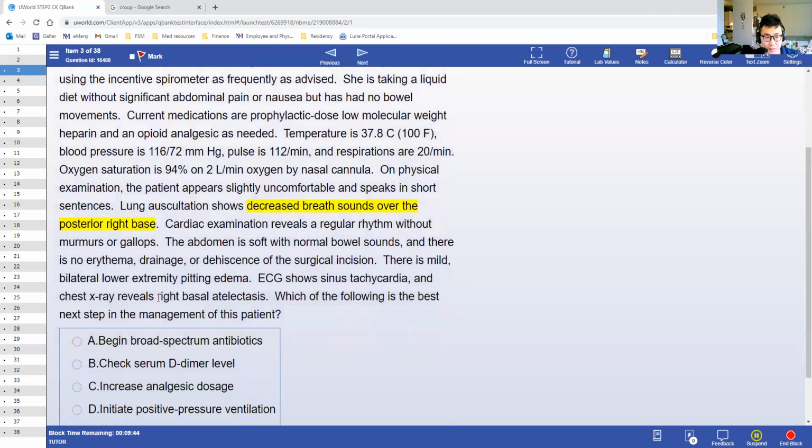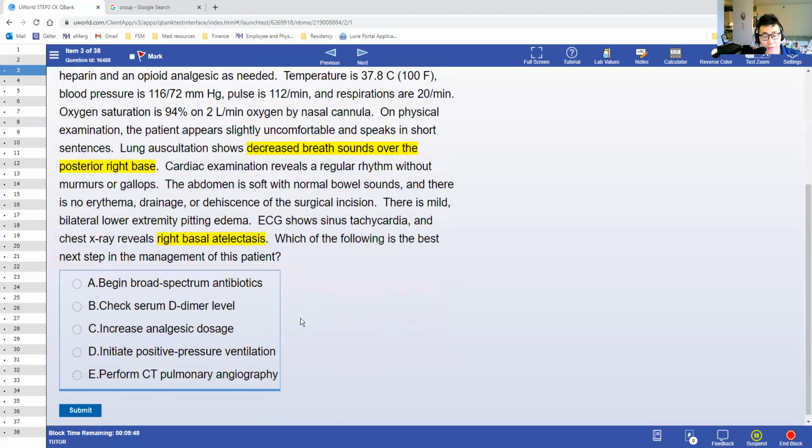Which of the following is the best step in the management of this patient? It's pretty clear to me that it's because she wasn't using the incentive spirometer. And you want to keep the lungs open by applying some kind of pressure. You wouldn't give antibiotics prophylactically. D-dimer is not going to be useful here. You're not really looking for a PE.